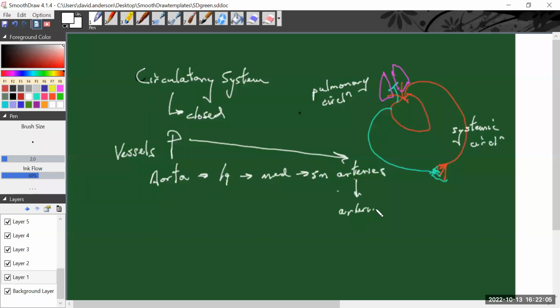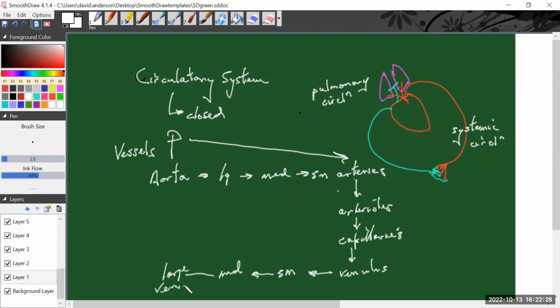Arterioles to the capillaries, out the other end through venules, and then we're going to go small, medium, large veins to the vena cava, both the superior and the inferior, and in between we have the heart. So we go that way, we go that way.